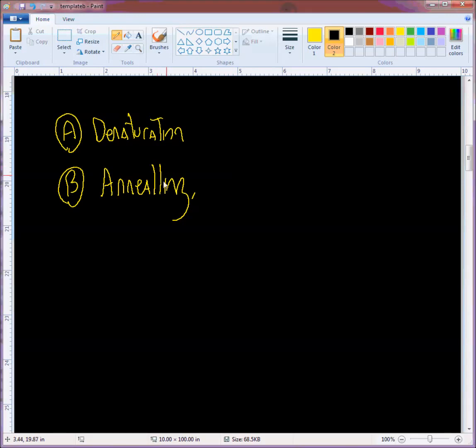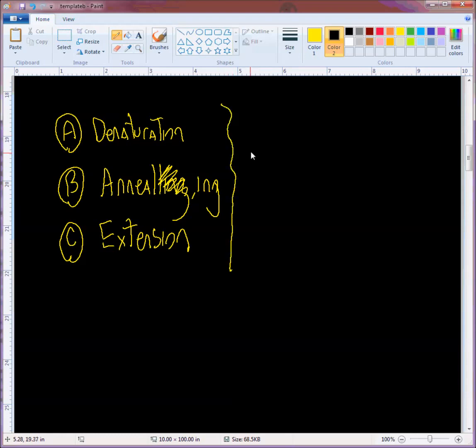Sorry about that. There's only one L in annealing. And C, extension. So 3 major steps. So let's go over these one at a time.